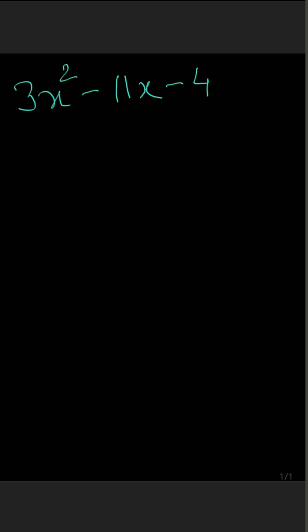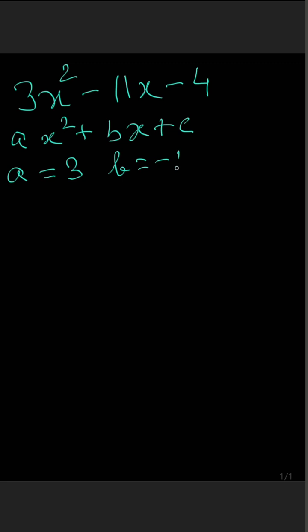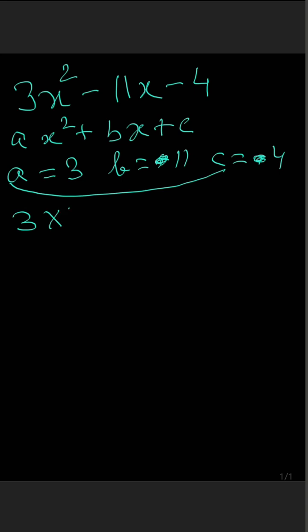What I have told you, first you have to compare this equation with ax square plus bx plus c. Value of a would be 3, b would be minus 11 and c would be minus 4. We don't incorporate this sign, c is 4. Now first rule is to multiply the value of a and c. 3 into 4 will come out to be 12.